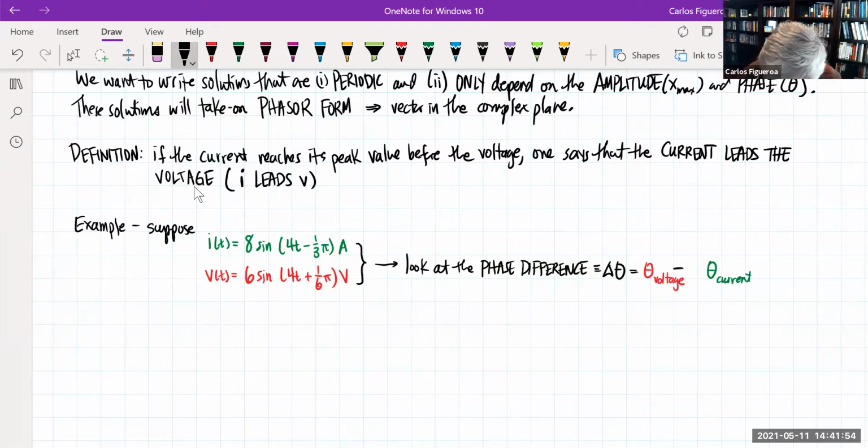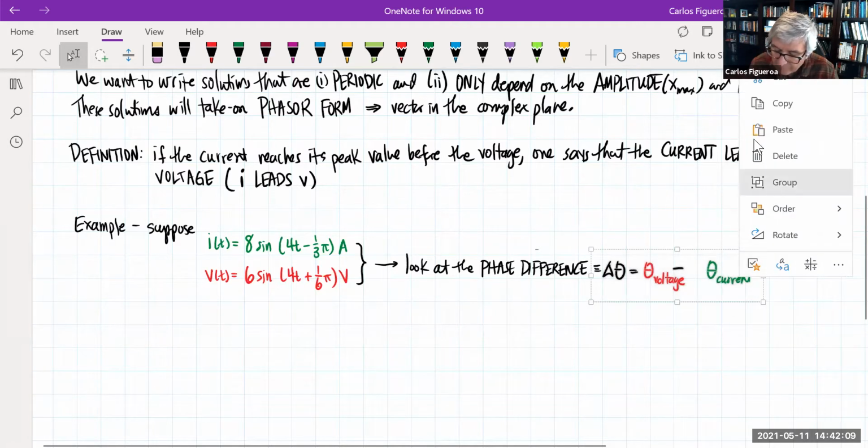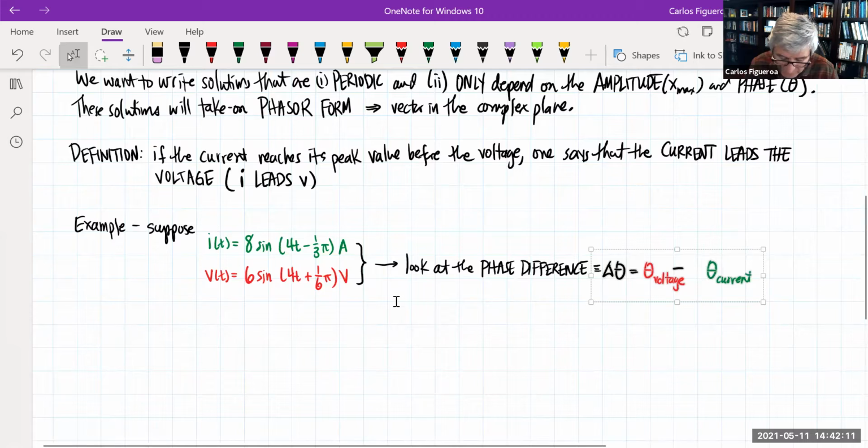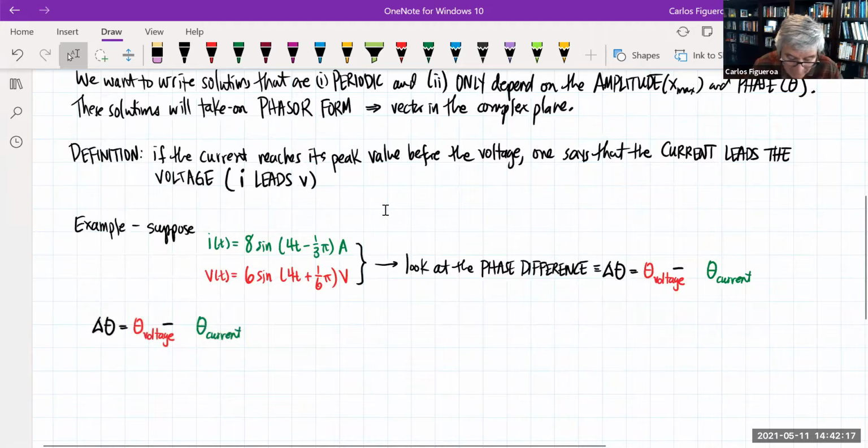Okay, so I'm going to run out of space here, so I'm going to move this over here. How about if I do this? I'm going to come over here and copy this. So if I now put this guy down here, here's what I'm going to see. I now have a phase difference that I've defined here.